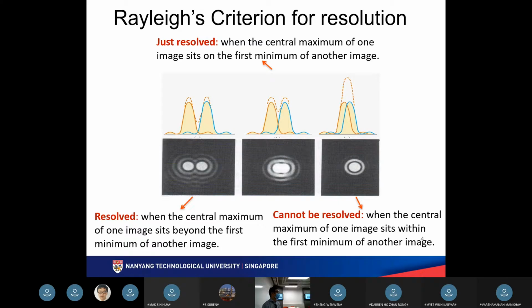For example, if we have 2 cells or 2 molecules moving in space, and they are well separated by 300 or 400 nanometers, you will see there are 2 molecules or 2 cells under your microscope.